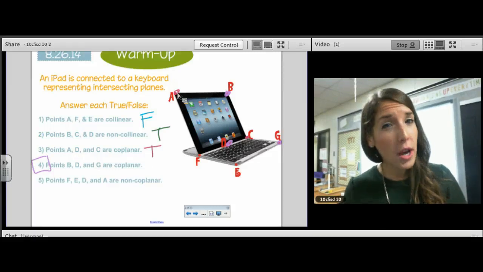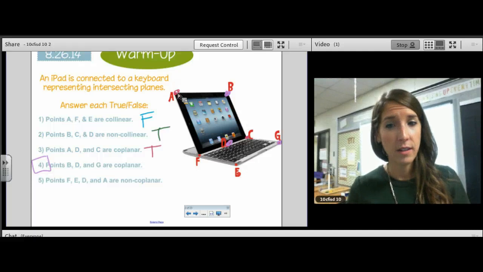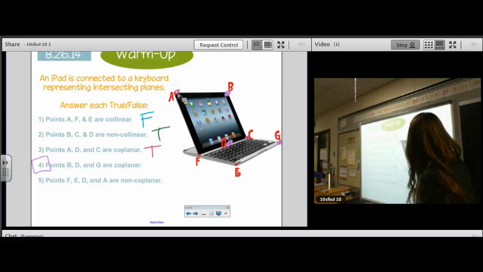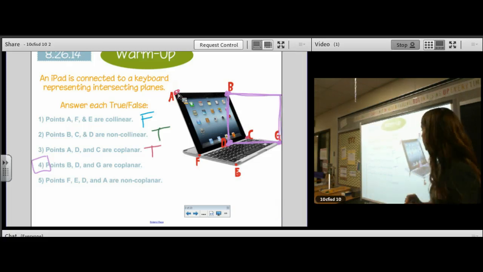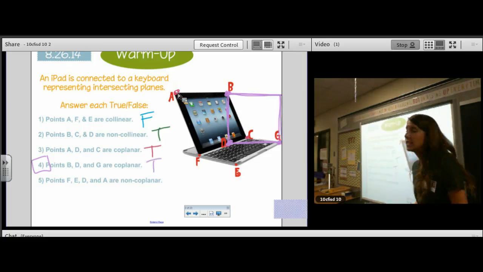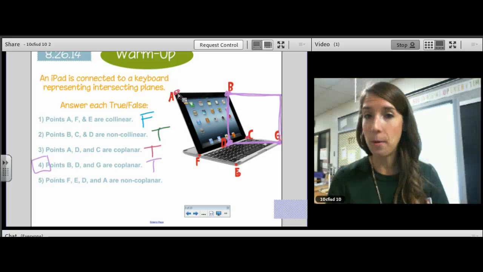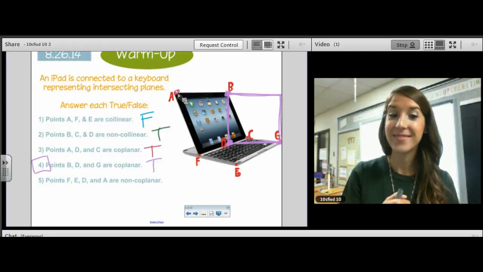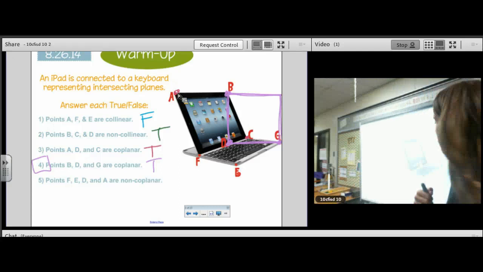I could put a flat surface through B, D, and G. So is that true or false? Well, there it is. There's my plane. I found one. So believe it or not, that is actually true. But if you got that one wrong, that's okay because it was tricky and we haven't really discussed it yet. Yeah, welcome to Geometry K.